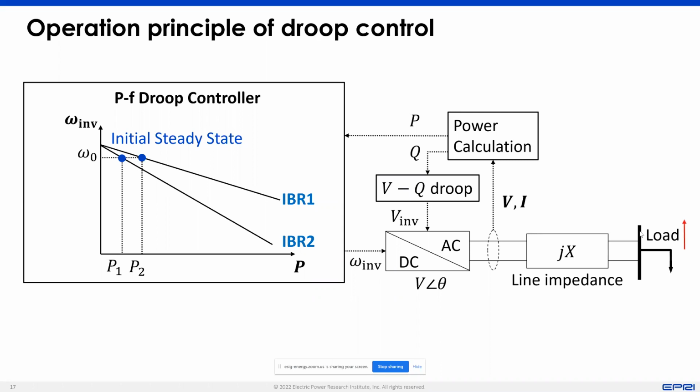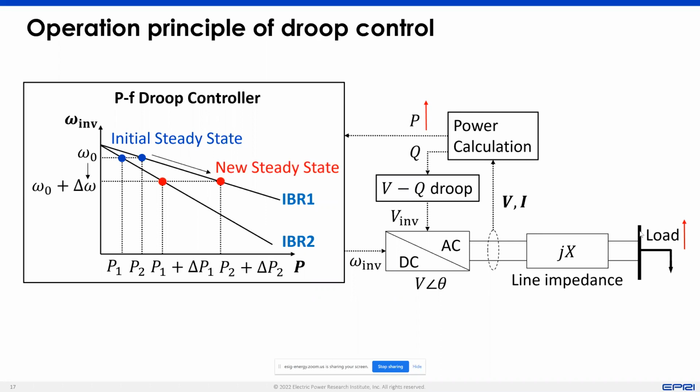So when you have a load increase in the system, it will sense the active power increase from the inverter terminal, and because of this active power increase, it will then reduce the frequency of its internal voltage.